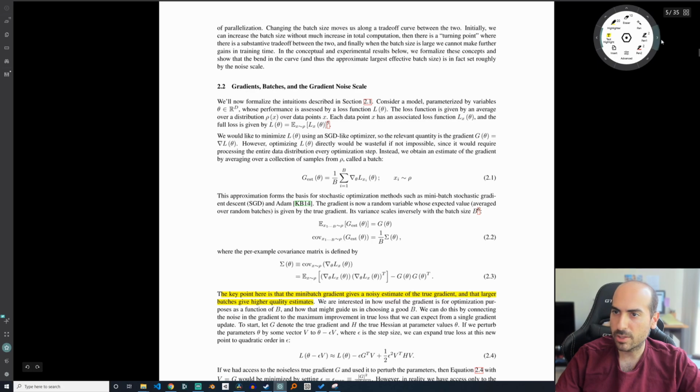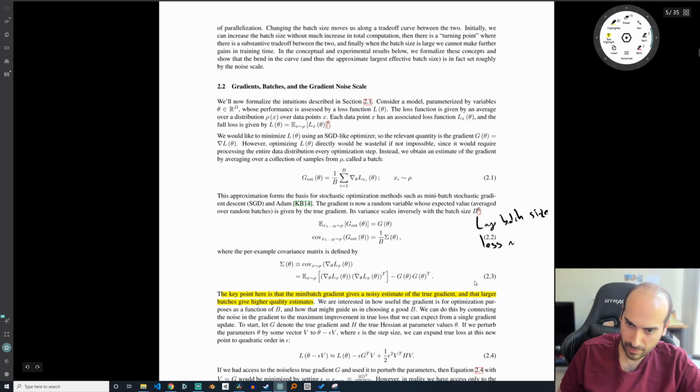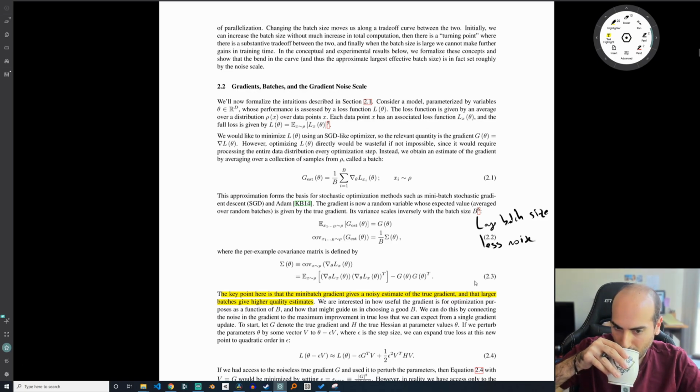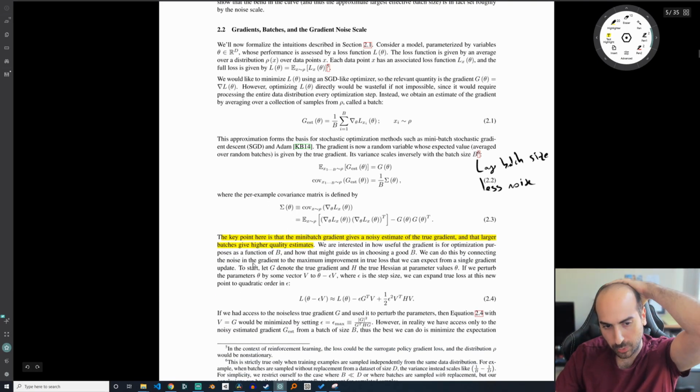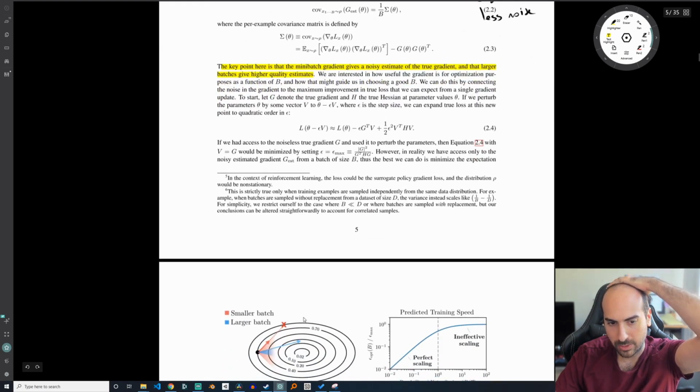Yeah, so I guess this is just a complicated way of saying a large batch size means less noise. So if we perturb the parameters by a vector, we can expand the true loss at this new point to a quadratic error, if we had access to the noise.